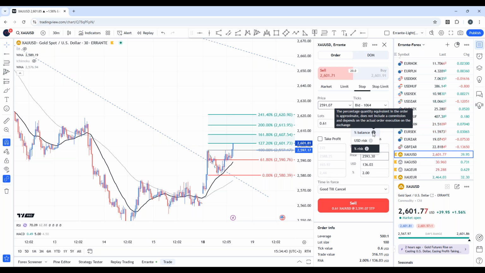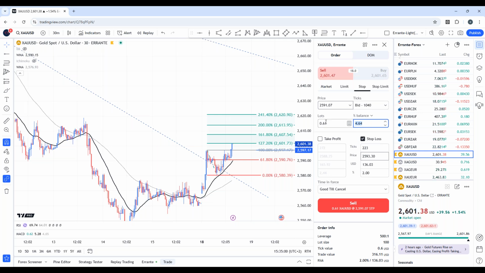And then you have the percentage balance, which is the one I really like. This percentage quantity equivalent in the order is still approximate, but it doesn't matter, because you can set it, for example, at any predefined lot size. Let's say I'm going to take one lot on gold, okay?